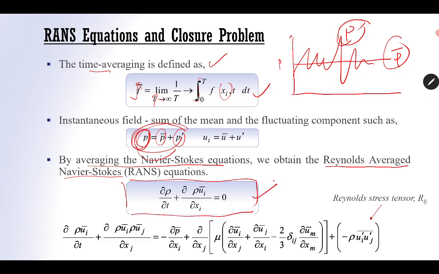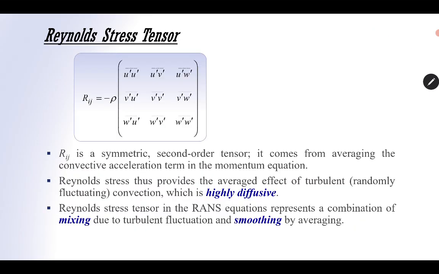When we expand this equation, we have this in terms of two-dimensional x, with indices i and j, and at the end of this equation, we have what we call the Reynolds stress tensor. The Reynolds stress tensor is basically in the form of a matrix like this.